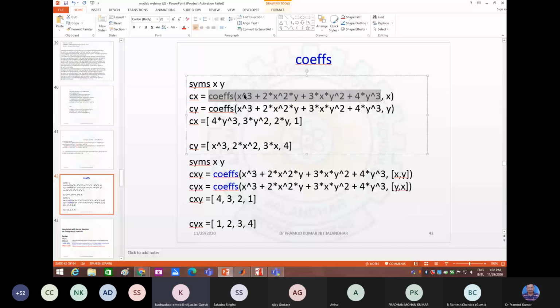This is the expression. Coefficient of x, this is 3xy square, and coefficient of y from here. What is the coefficient of x from here?